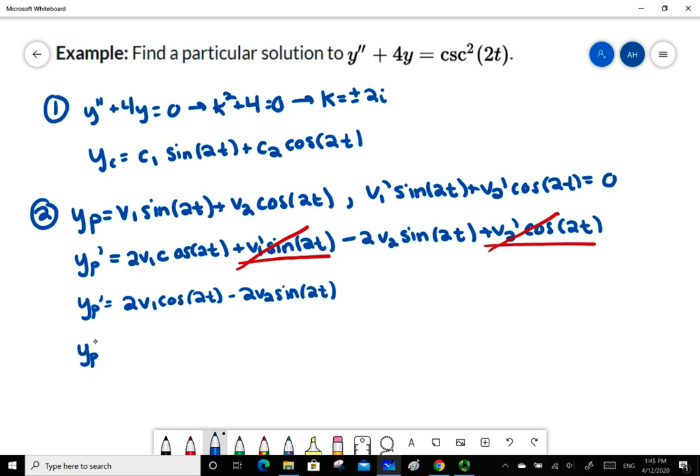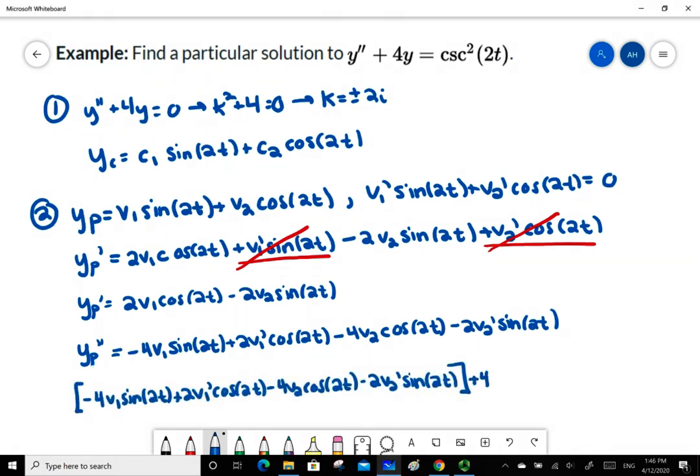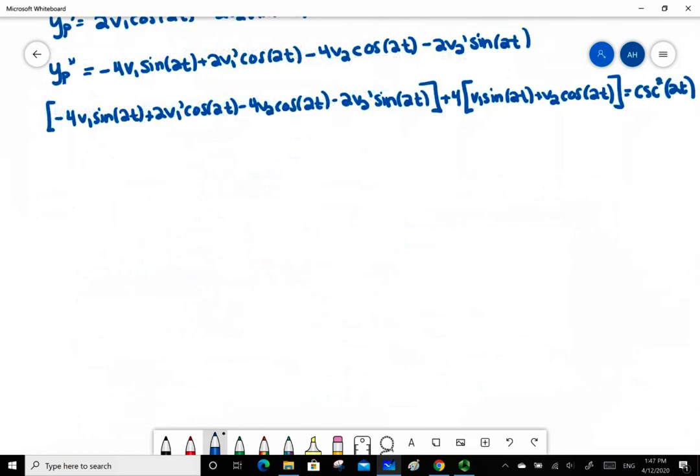Now, the second derivative is -4v1 sin(2t) + 2v1' cos(2t) - 4v2 cos(2t) - 2v2' sin(2t). Plugging the particular solution and its derivatives into the differential equation gives y'' + 4y = csc²(2t), which thankfully can also always be simplified.